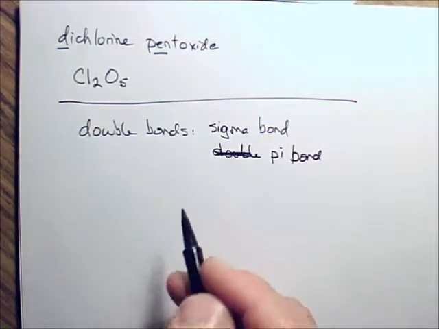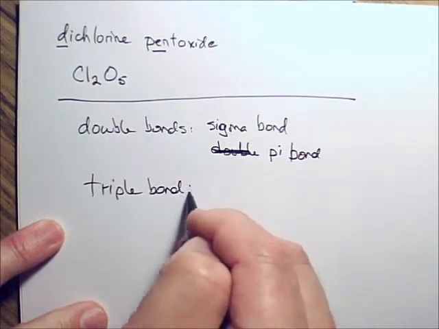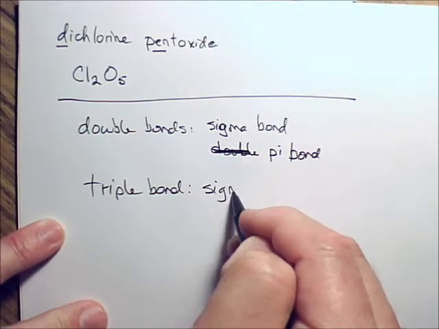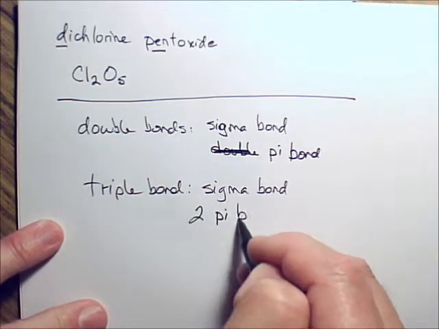And in a triple bond, you have one sigma bond and you have two pi bonds.